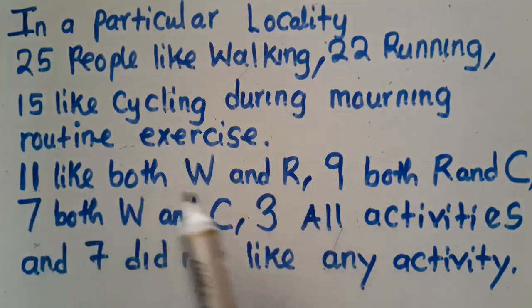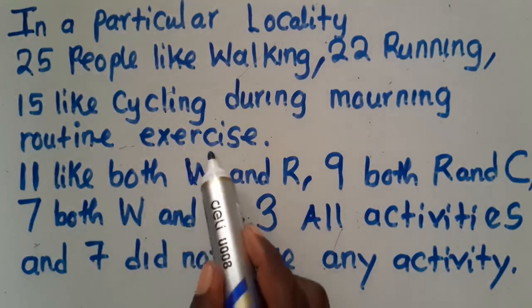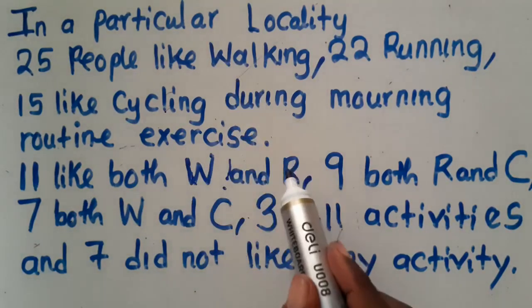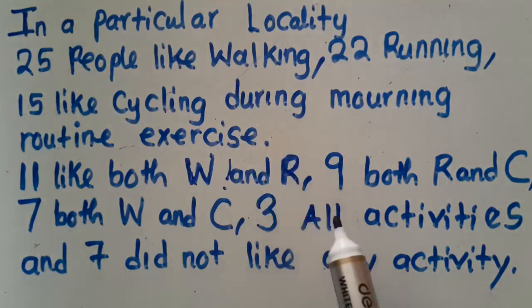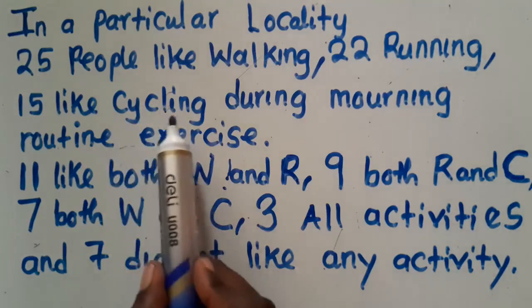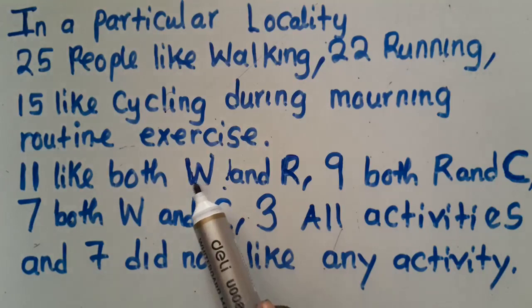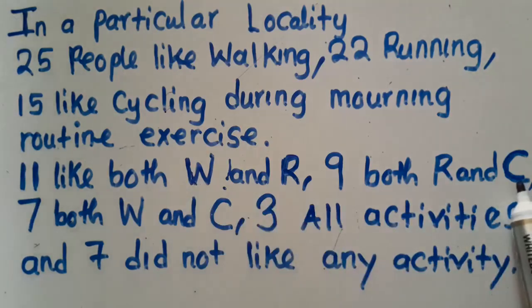So 11 like both. I wrote down these words. W is for walking, R is for running, and C is for cycling. So make sure you understand this.